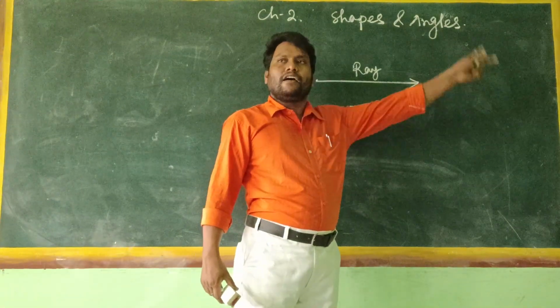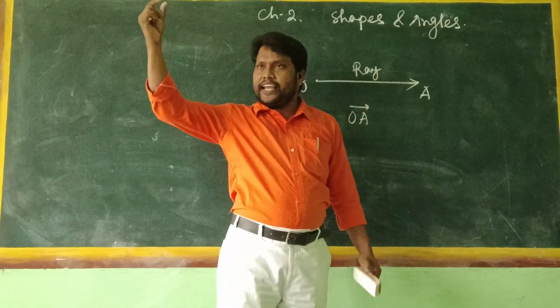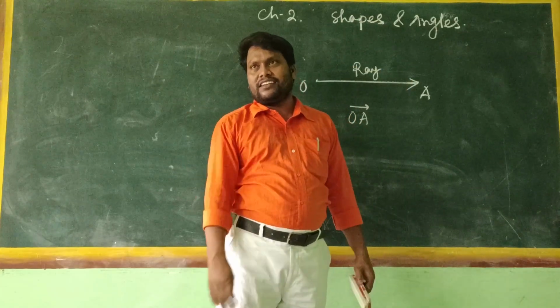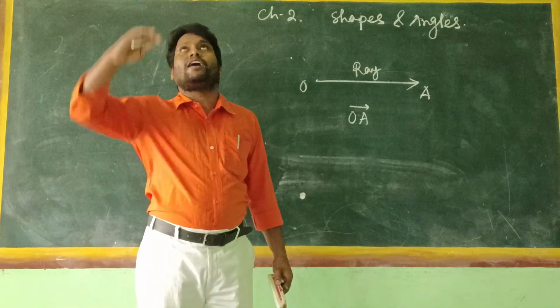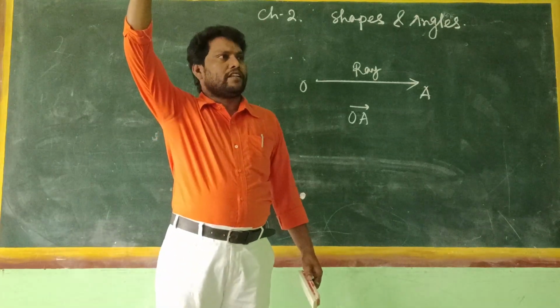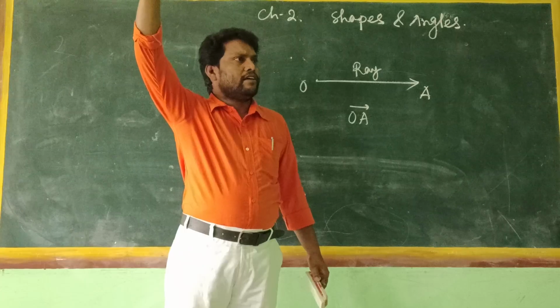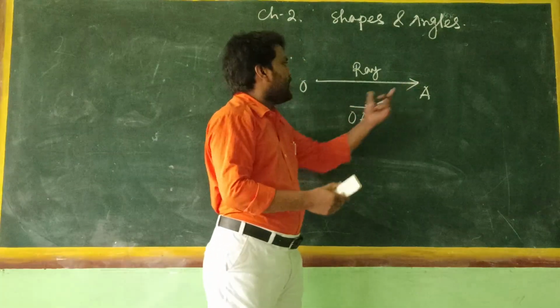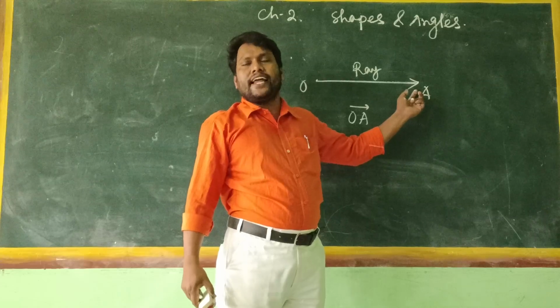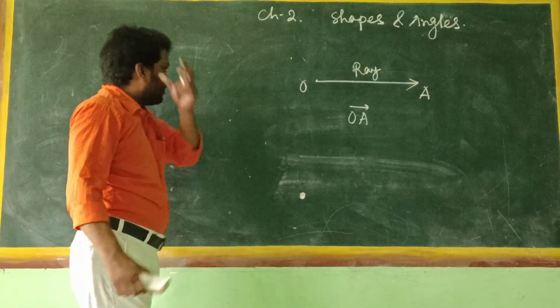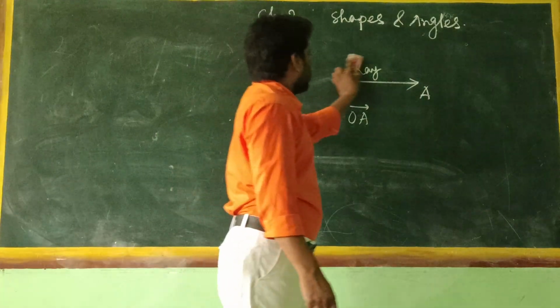It can be extended. Suppose the sun ray is coming from the sun onto the earth. It can go to the deepest part of the sea and to the highest part of the hill. So it indicates how far it can reach. So it is called a ray.